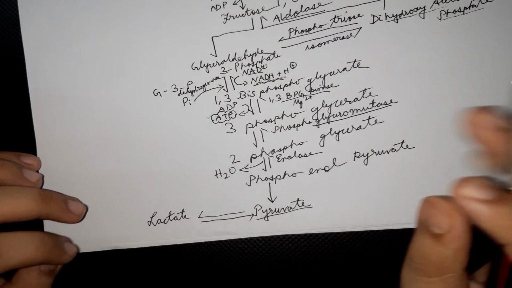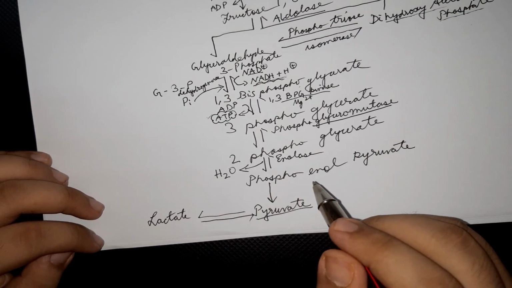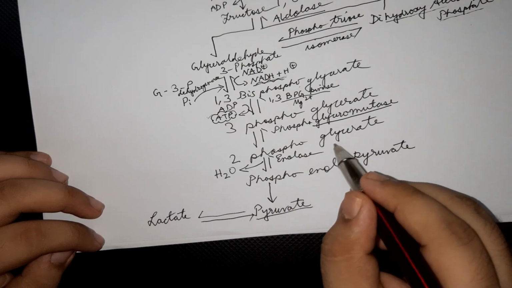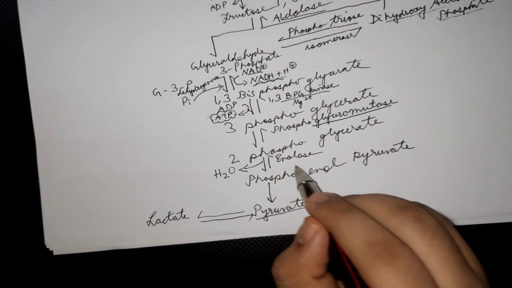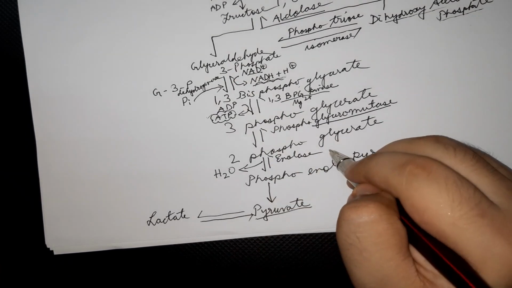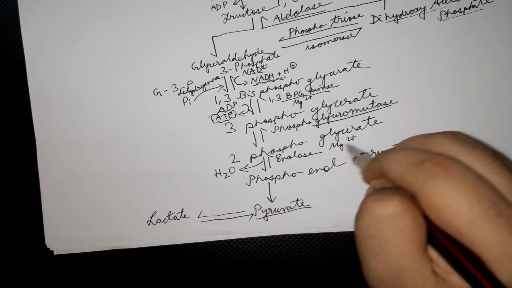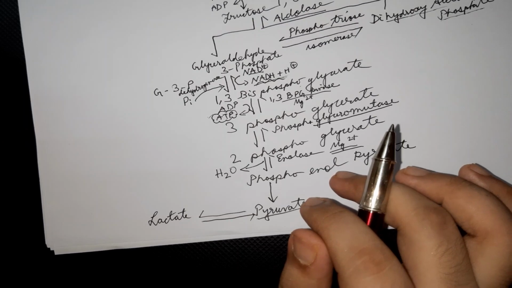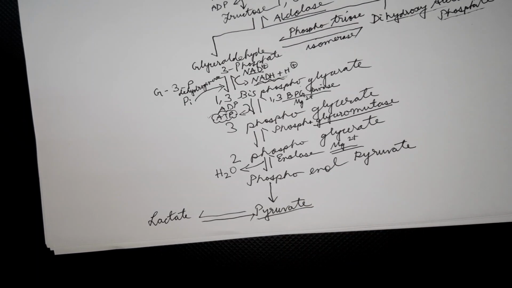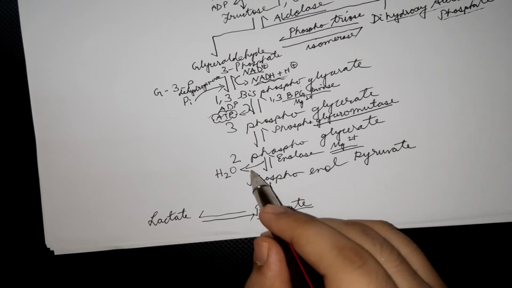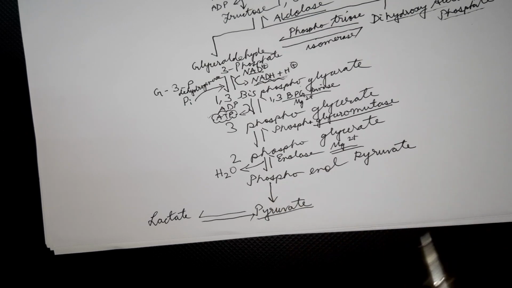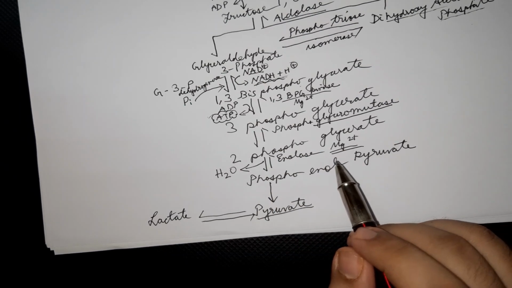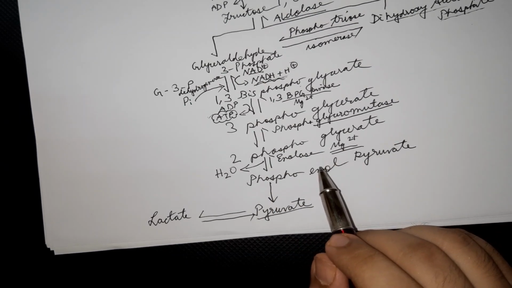Done. So 2-phosphoglycerate to phosphoenolpyruvate, enolase is the enzyme, very important, and this will require magnesium. This is not a kinase enzyme, but it will require magnesium. Okay. So enolase converts 2-phosphoglycerate to phosphoenolpyruvate, and a molecule of water is given out.